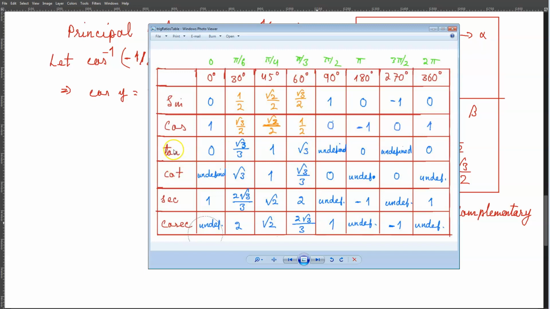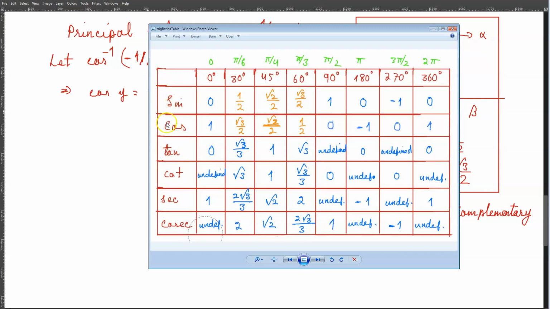And the tan of 60 degrees is equal to the cot of 30 degrees, right? Square root of 3, square root of 3. And the secant of 30 degrees is equal to the cosecant of 60 degrees, and also the secant of 60 degrees is equal to the cosecant of 30 degrees. So this kind of thing happens between sine and cos, tan and cot, secant and cosecant.